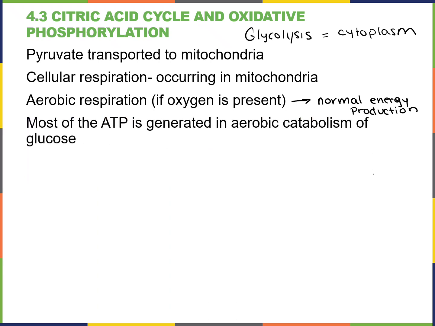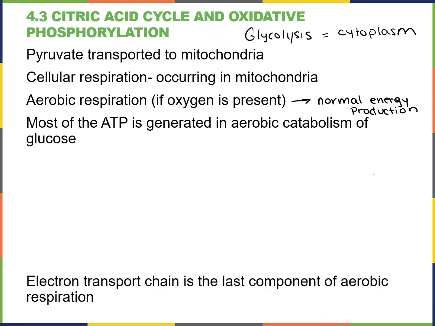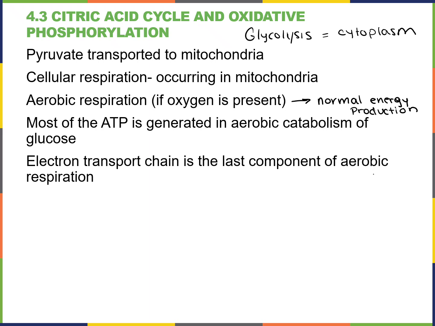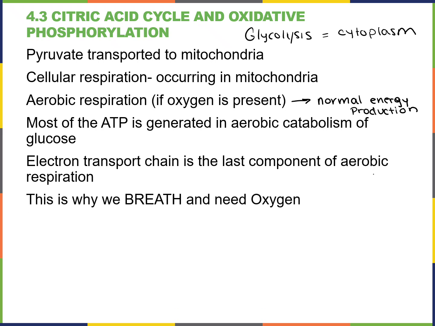Most of the ATP is generated in that last kind of steps of oxidative phosphorylation, the aerobic catabolism of that glucose. So the oxygenated breakdown of glucose is what makes the most ATP. And the electron transport chain is the very last kind of component of that aerobic respiration, which is why we need oxygen to breathe.